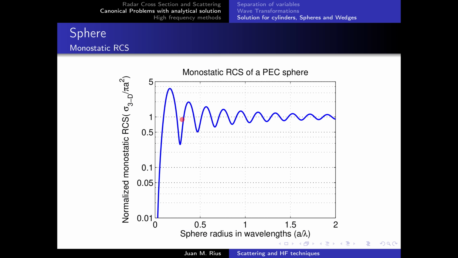We can observe how the radar cross section converges to pi A squared. Remember that the vertical axis is the radar cross section normalized to pi A squared. And it is not far away. For example, if the radius is larger than 1, you can observe that it is not far from the high frequency value.